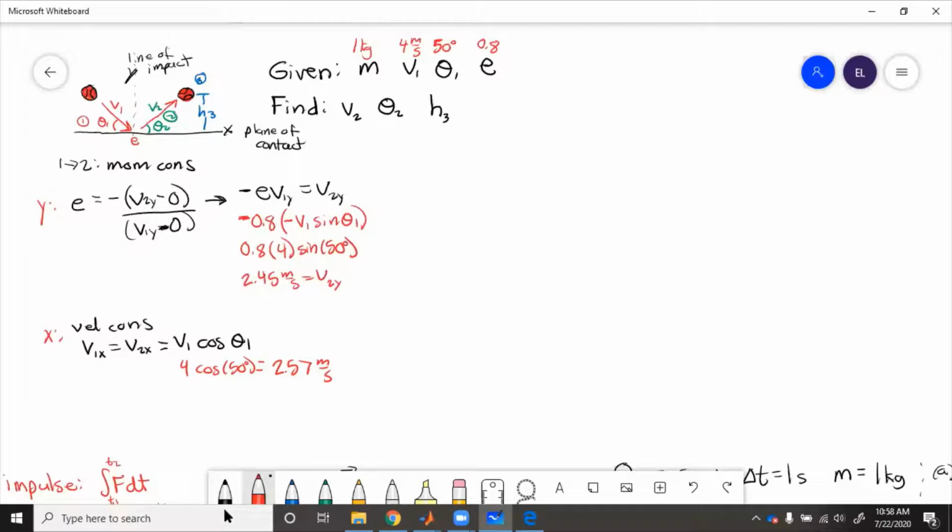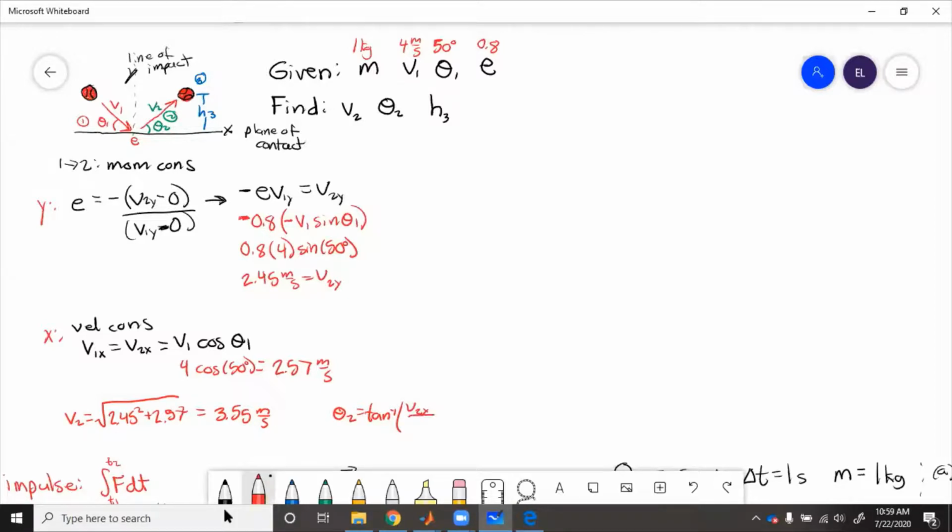So then to find the total velocity, we just square these and take the square root. So v2 equals square root of 2.45 squared plus 2.57 squared equals 3.55 meters per second.